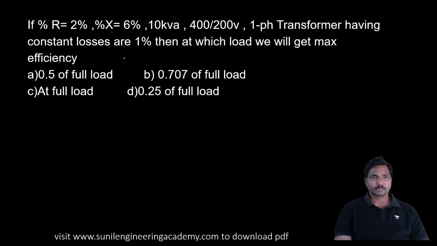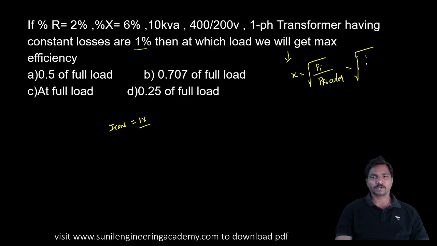And the next one: percentage R and percentage X of a single phase transformer having constant losses. The iron losses they have given as 1%. At which load will we get the maximum efficiency? At a load of x equal to the root of iron losses by full load copper losses. Iron losses are constant losses, given as 1.